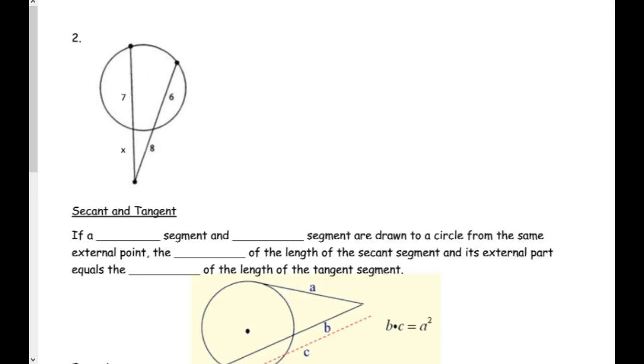What's my rule again? Outside times what? The whole thing. So let's go on the left here. What is this outside one? So x times, what's the whole thing? x plus 7. You can't add x and 7, so you put x plus 7 in parentheses.